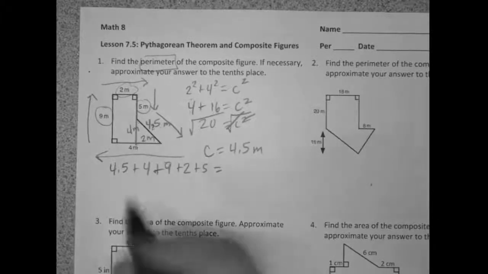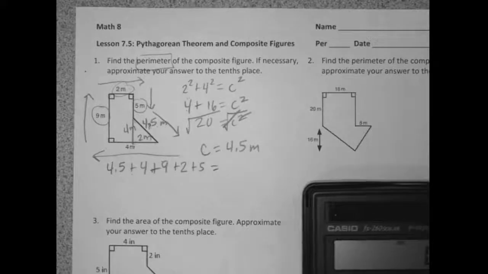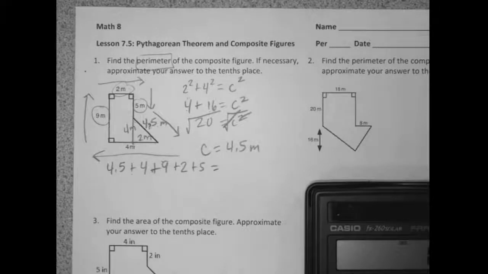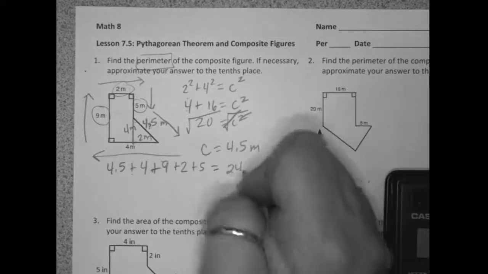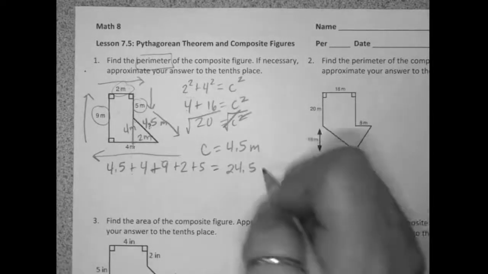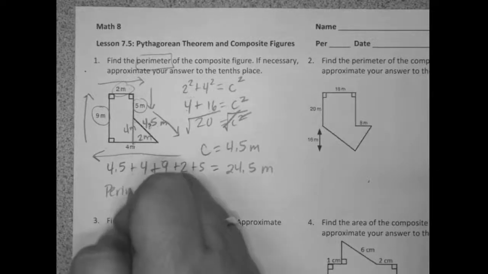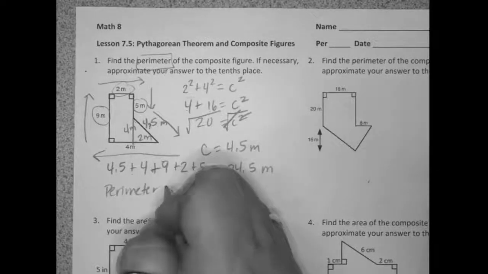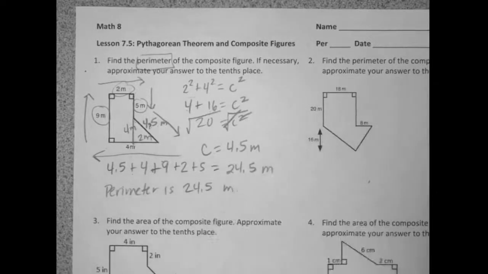All right, so when we add up 4.5 plus 4 plus 9 plus 2 plus 5, what does it become? What is our answer? 24.5. Everybody agree? 24.5? So my perimeter is 24.5 meters. That's our answer.